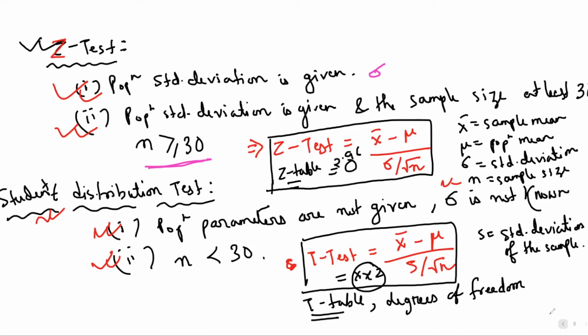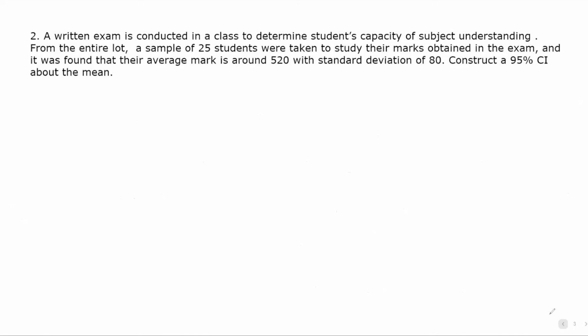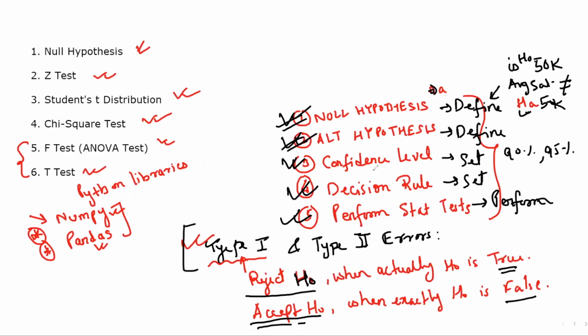experiment, right? So, if I go back to my first, this is the process that we defined, right? For any experiment, this is the process. So we'll have null hypothesis definition, alternate hypothesis definition, confidence level setting, decision rule.